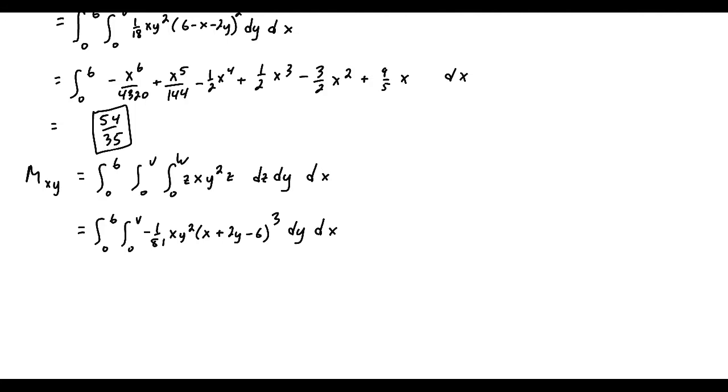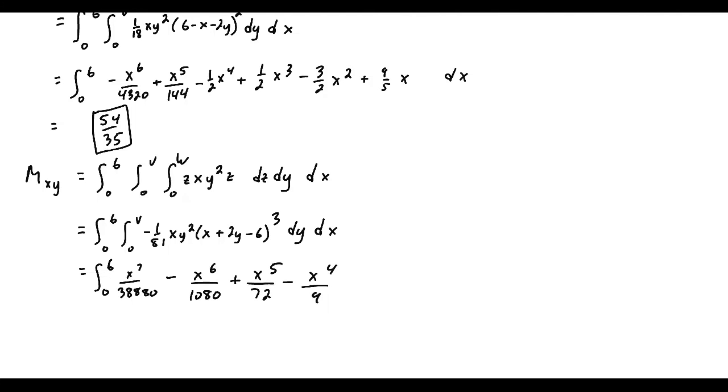Now finding the antiderivative of that function and evaluating, we find the integral from 0 to 6 with respect to x of x to the 7th over 38,880 minus x to the 6th over 1,080 plus x to the 5th over 72 minus x to the 4th over 9 plus x cubed over 2 minus 6x squared over 5 plus 6x over 5.